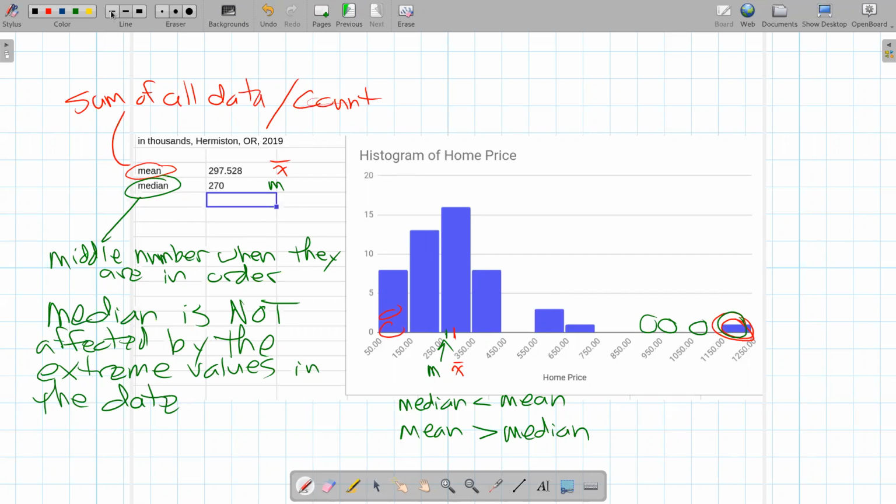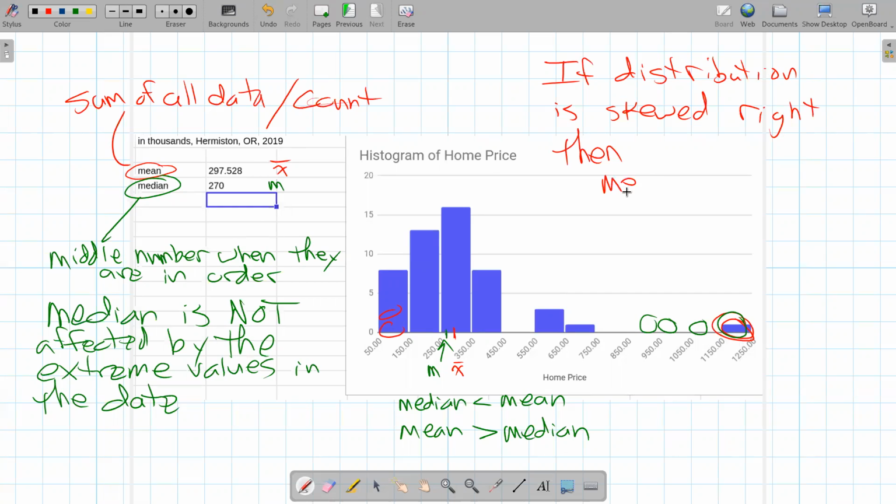So an interesting thing that we'll notice most of the time: if the distribution is skewed right, those right big numbers are going to pull the mean away because it's used in the calculation.